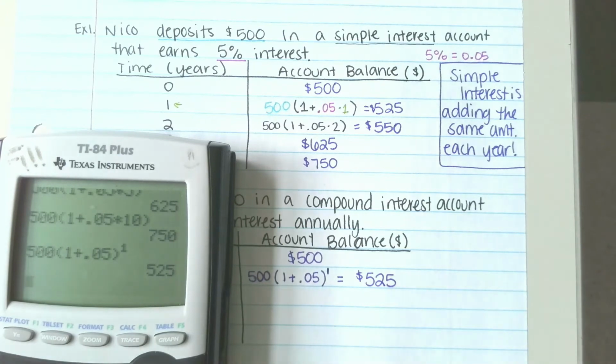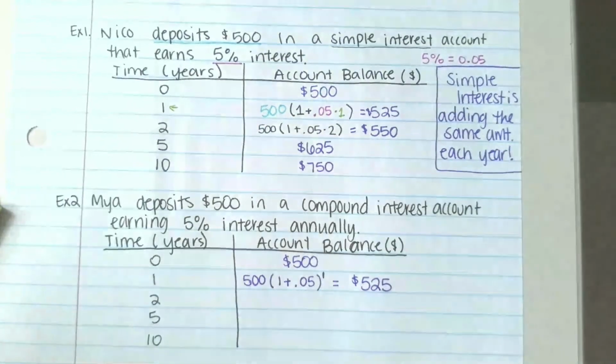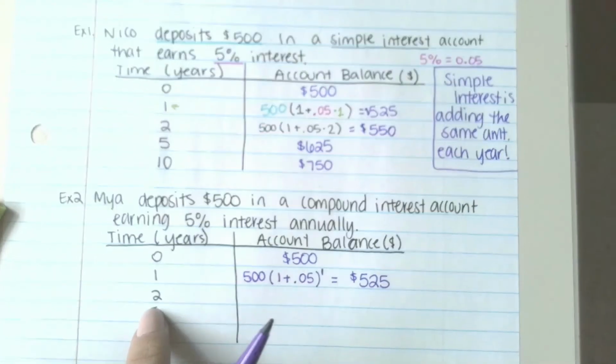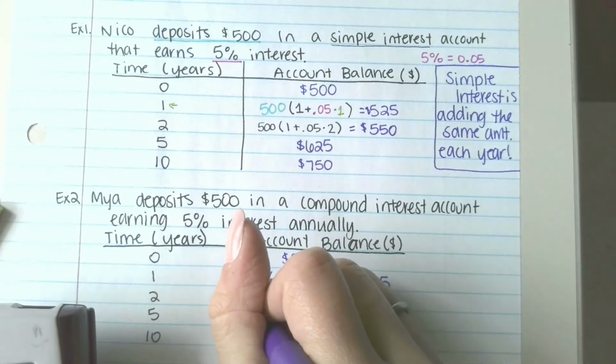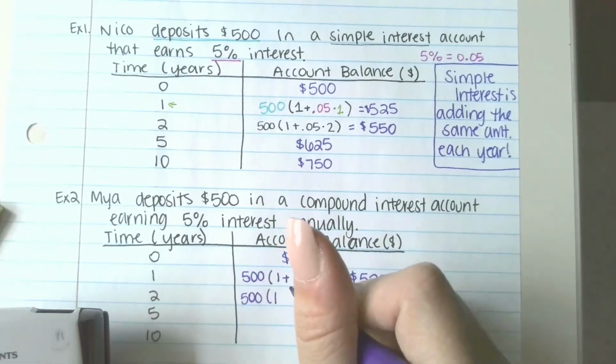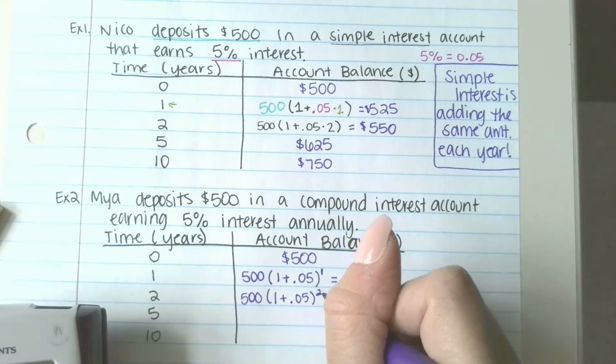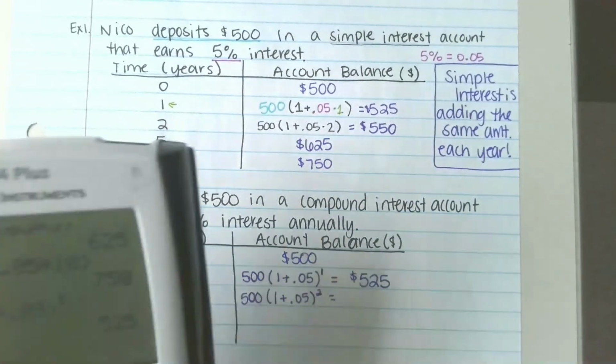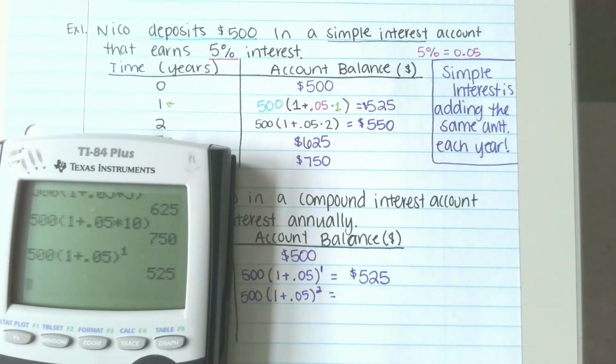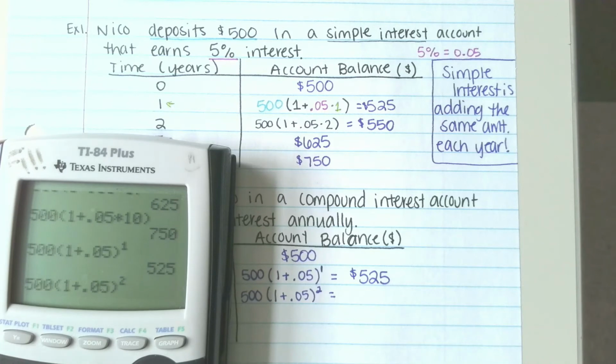So for 1 year, it doesn't actually matter which type of interest we have. But let's look at what happens for 2. I'm going to write it out again for you just so that you have it. So 500 parentheses 1 plus 0.05 and now raised to the 2 power, or second power, excuse me. So I'm going to put that in, 500 parentheses 1 plus 0.05 close parentheses raised to the second.